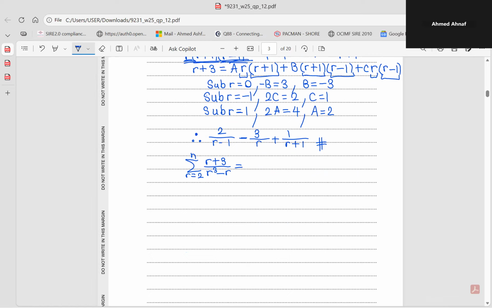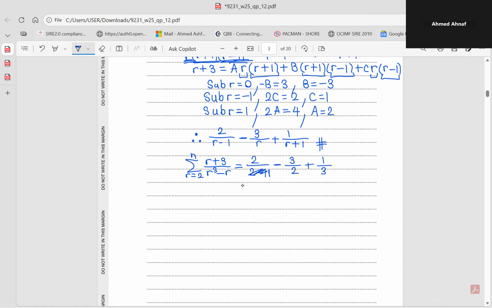So let's start off with r equals 2. So 2 over 2 minus 1 minus 3 over 2 plus 1 over 2 plus 1, that's 3. So this one you can just write as 1. Okay, so that's for r equals 2.